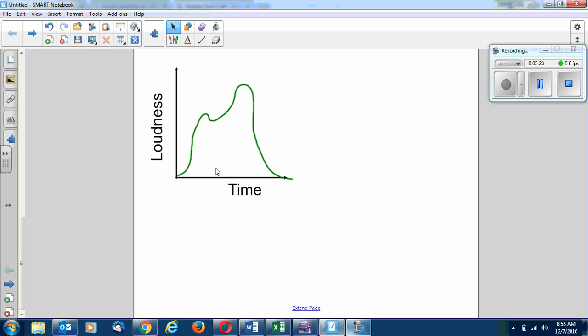So notice that this signal is continuous. So maybe you have a track and it starts at 0, as in there is no sound, then it gradually gets more and more loud, then it dips a little bit, and then it gets even more loud, and then it kind of dies out really quickly.